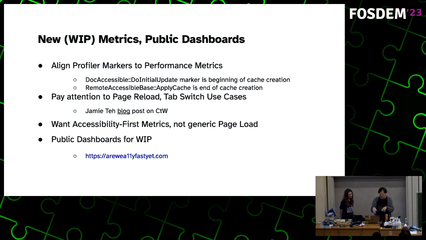One of the other leads on this project, Jamie T, has a great blog post about those anecdotal performance measurements. We definitely want accessibility-first metrics, and we would like to get away from generic page load type metrics. We have a public dashboard, a work in progress. It will continue to evolve as this work evolves.